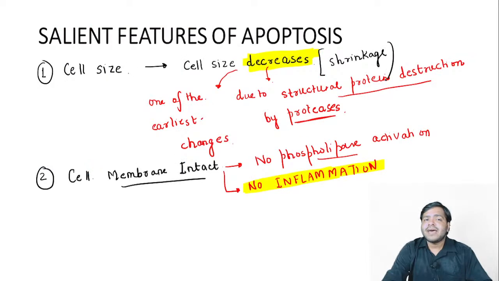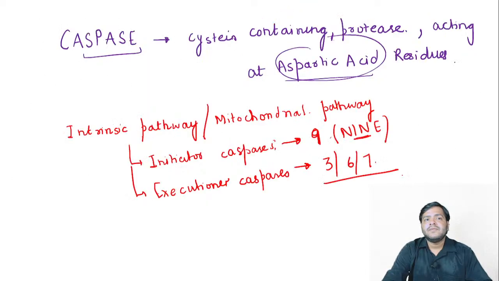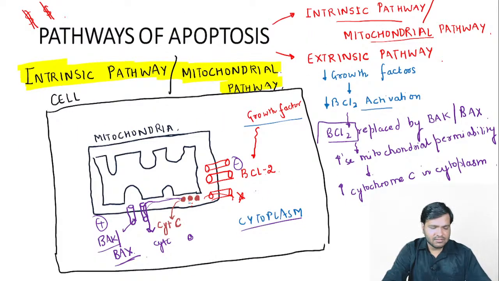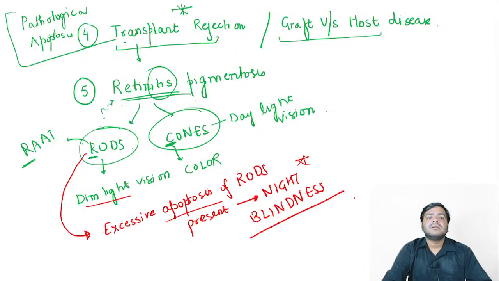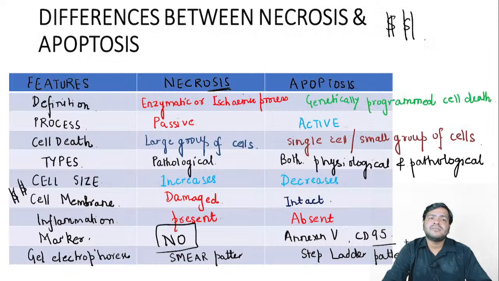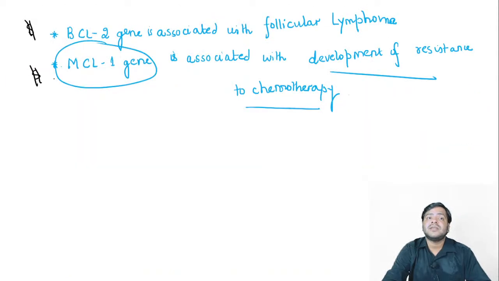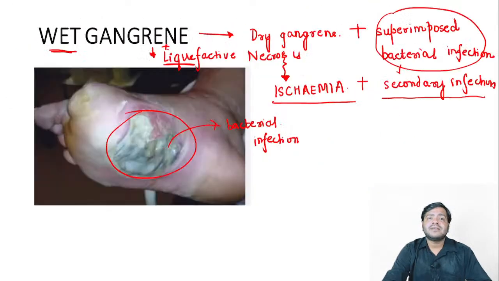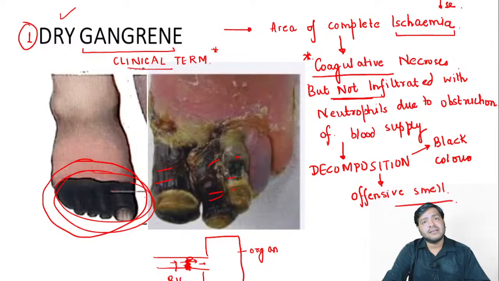I have discussed the salient features of apoptosis, the extrinsic pathway, intrinsic pathway, mechanism of action, the pathological apoptosis, physiological apoptosis, differences between necrosis and apoptosis, the genes, and which genes are important, I've all mentioned in the table over here. I've discussed the gangrenes and the types of gangrenes with pictures.